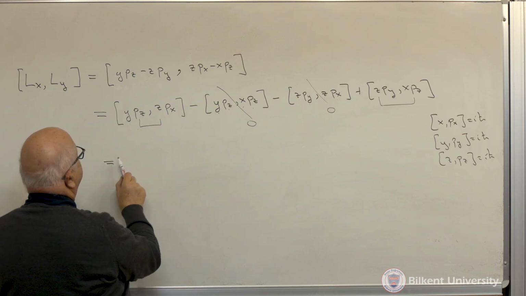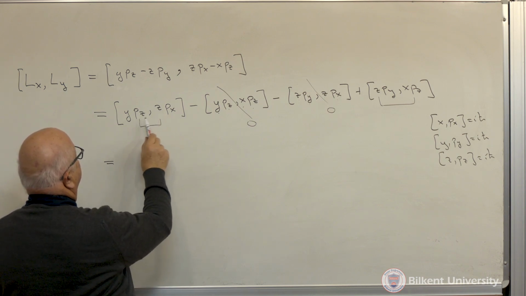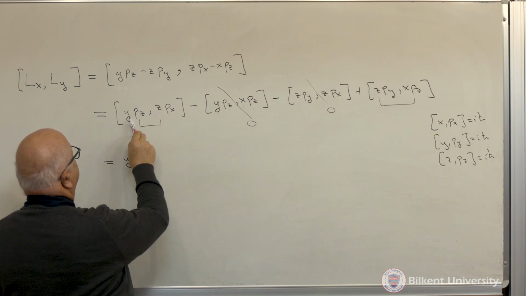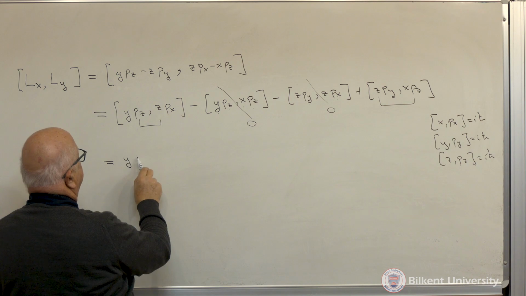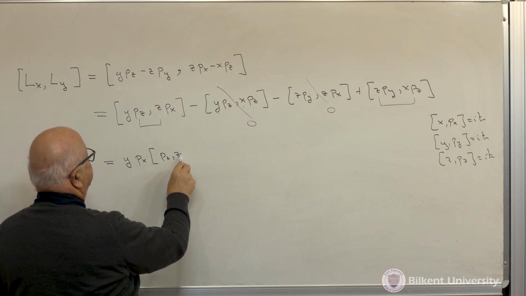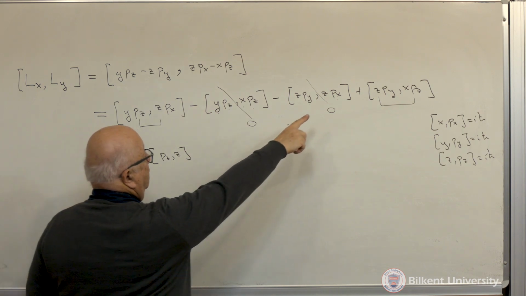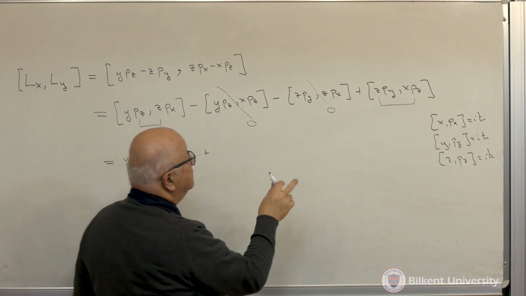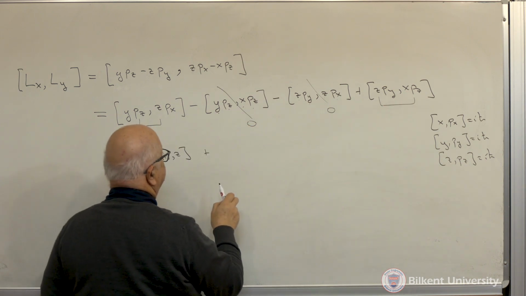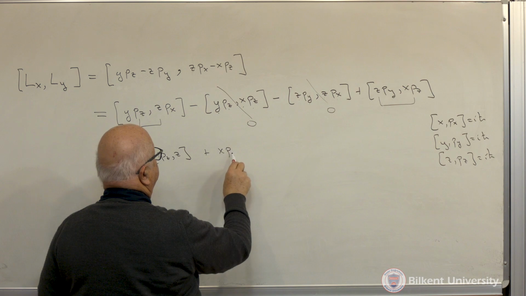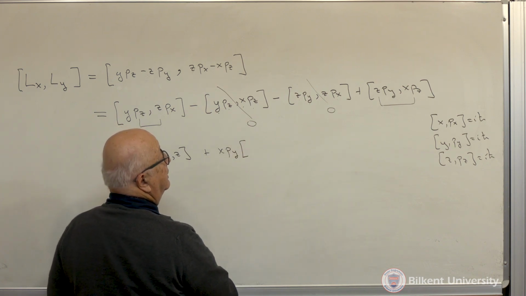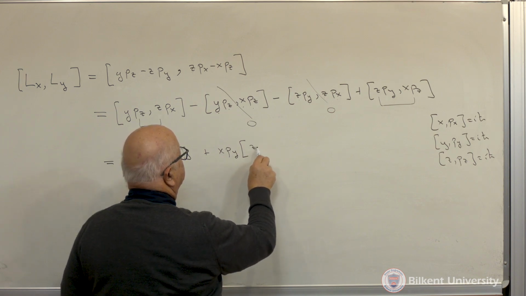Things that are not involved in commutation, I can just take out: y times px and the commutator of pz with z. Over there, things that are not involved in the commutation are py and x, so they commute, px, py, and then I have z and pz.